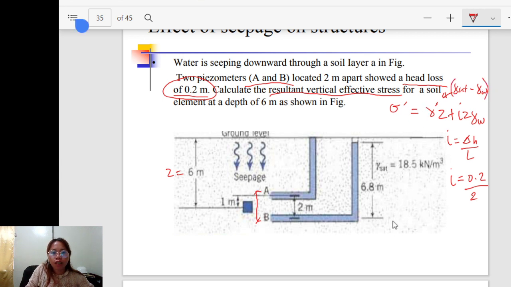So the effective stress is equal to gamma sat of soil minus gamma water times Z, plus delta H over L times Z times gamma water.